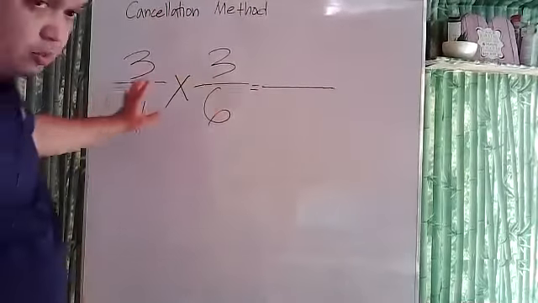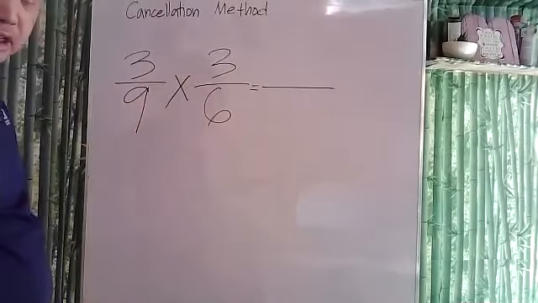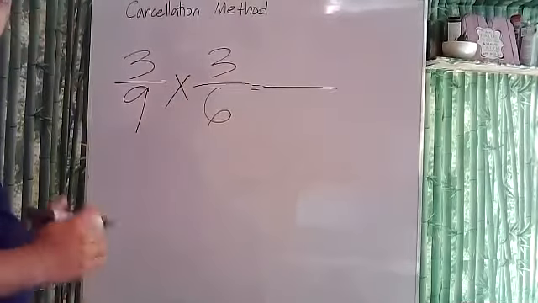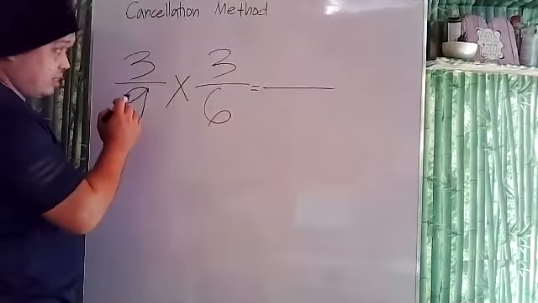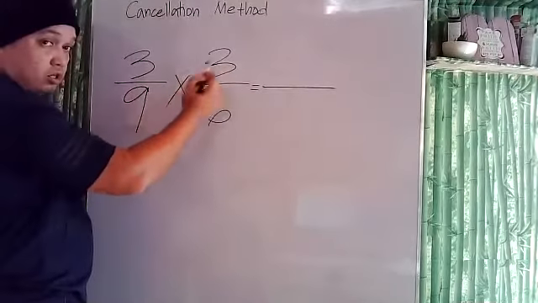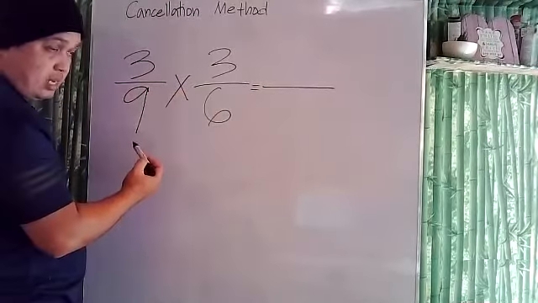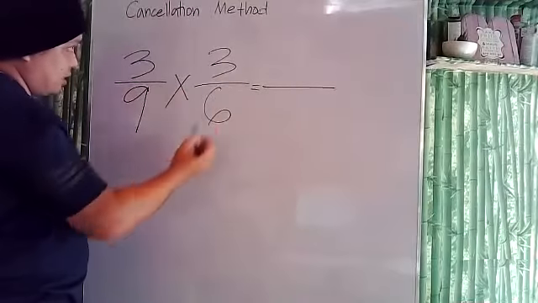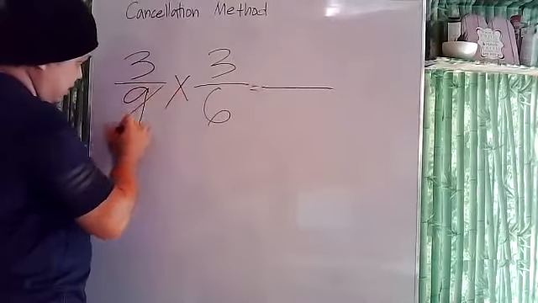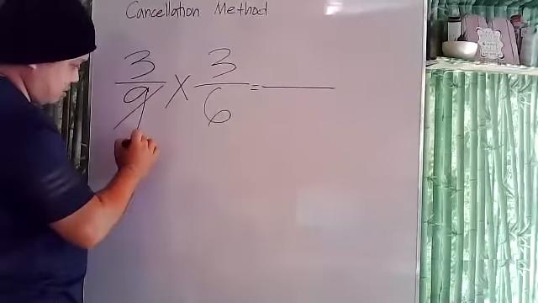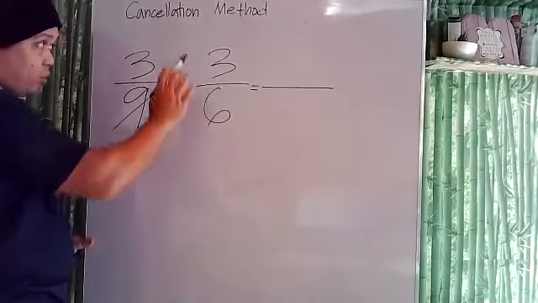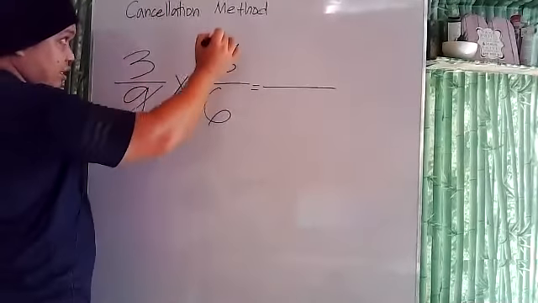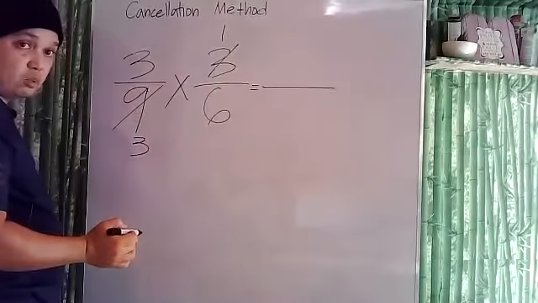Before we multiply, let's cancel first the factors that can be divided. Start here, you can divide 9 and 3 by 3. So let's divide. Now 9 divided by 3 is 3. So 9 is no longer 9 but 3, because we cancelled. And 3 here divided by 3 is 1. So it's no longer 3 but 1.